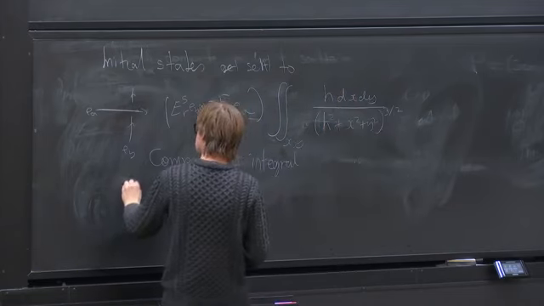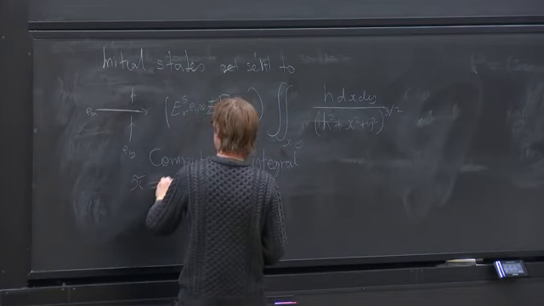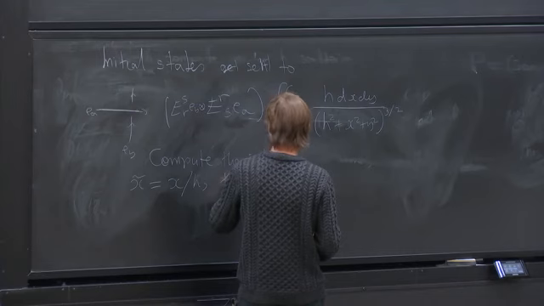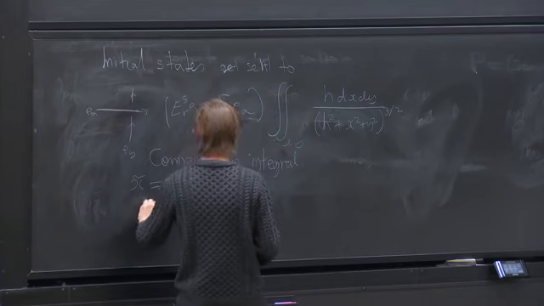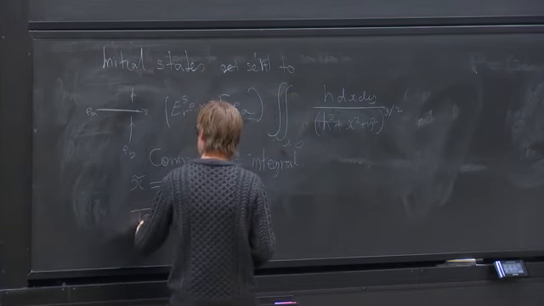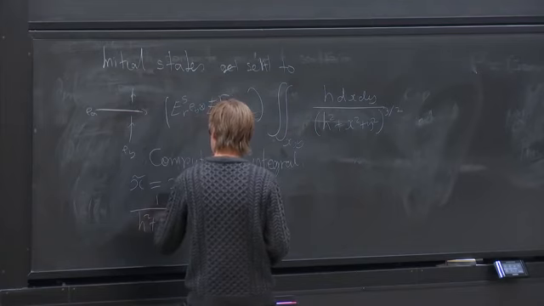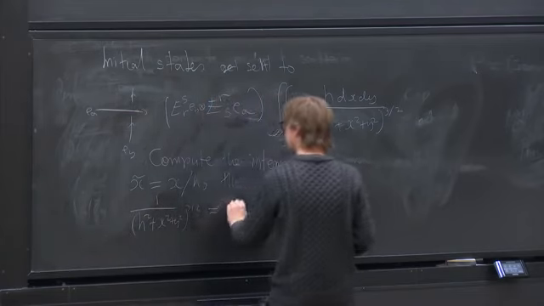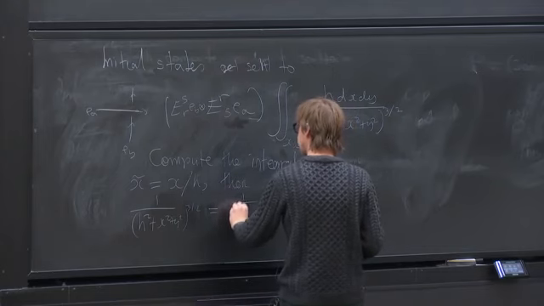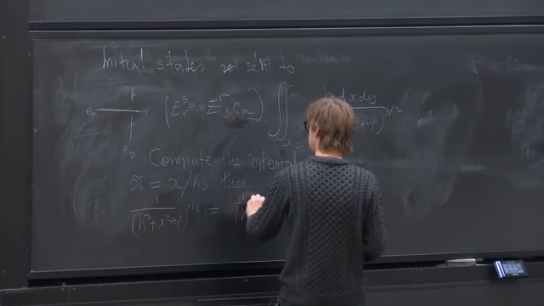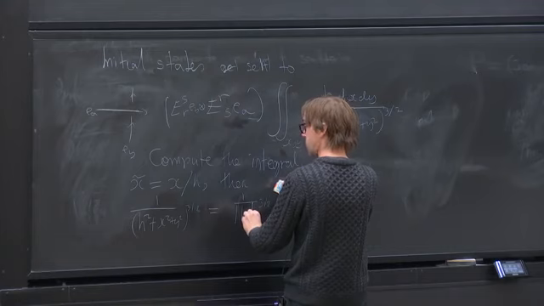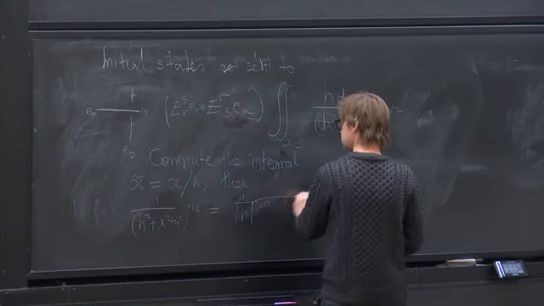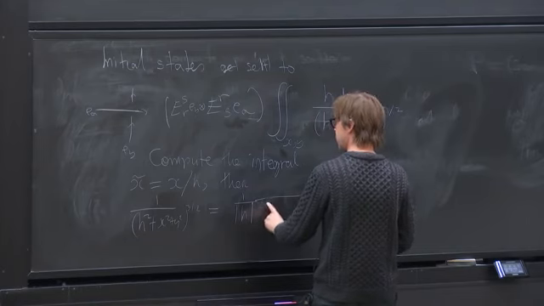So if we let, say, x tilde be x over h, then 1 over (h squared plus x squared plus y squared) to the 3 over 2 is equal to 1 over the absolute value of h to the 3 over 2, sorry, 3.